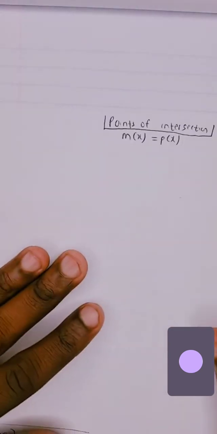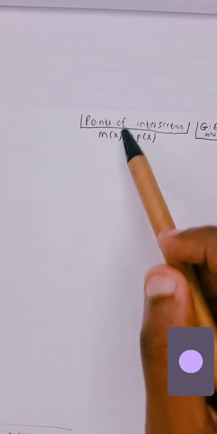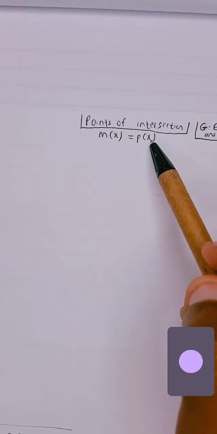So where they meet, we can say M of X is equal to P of X.